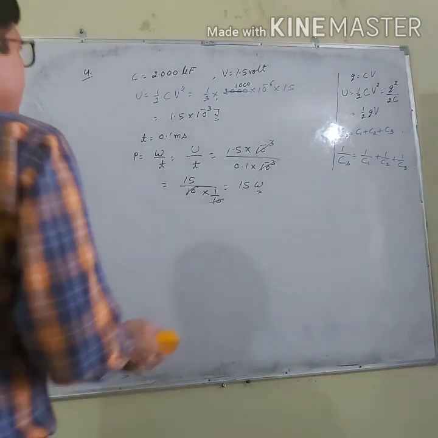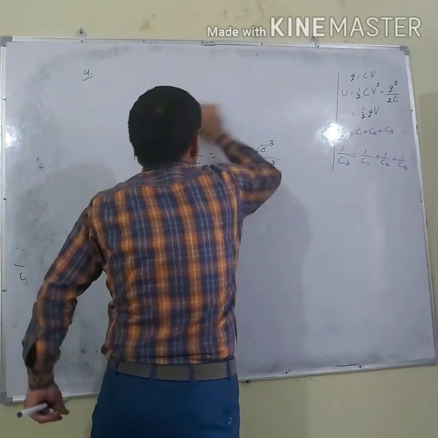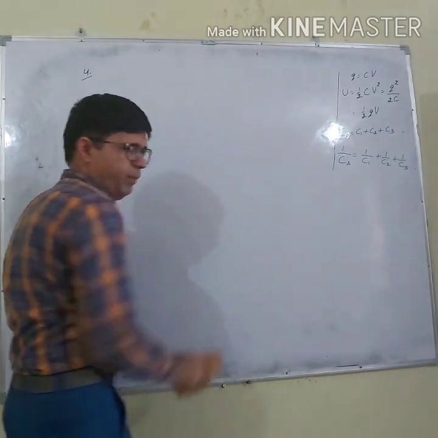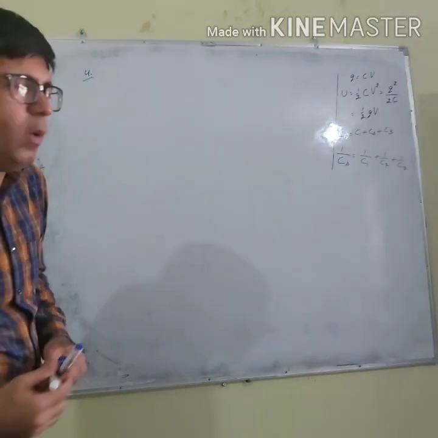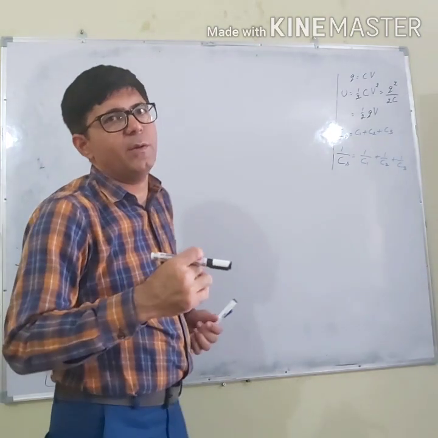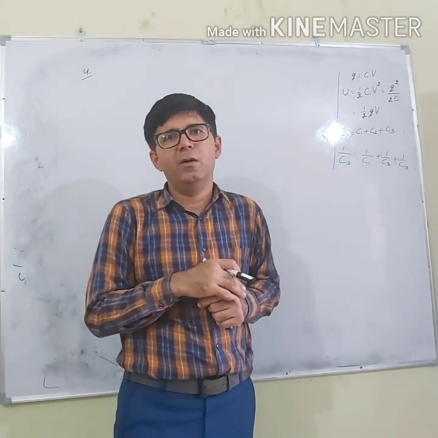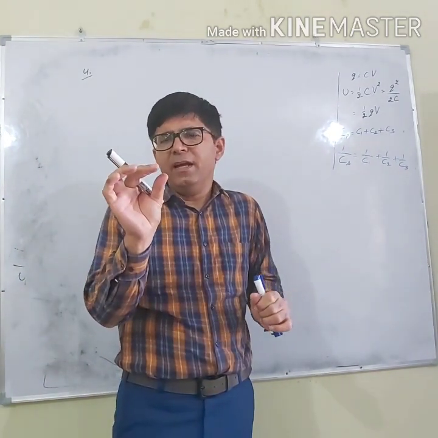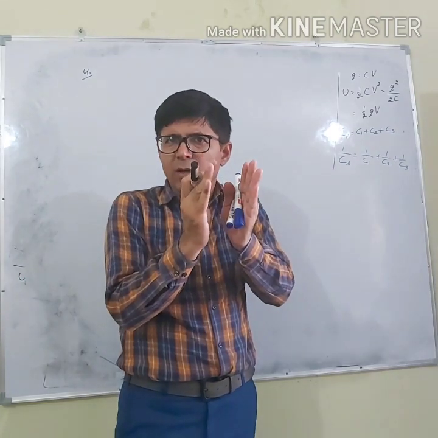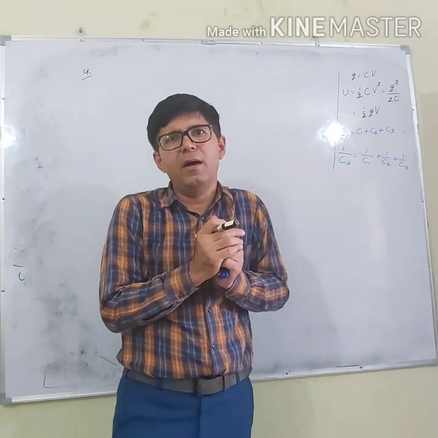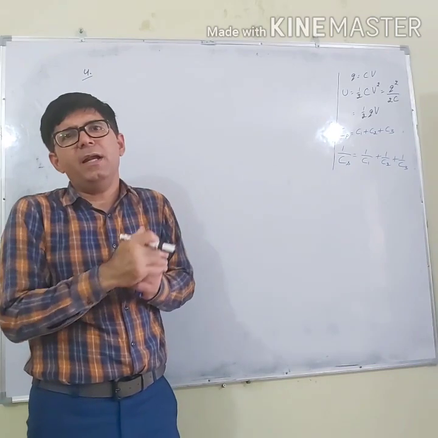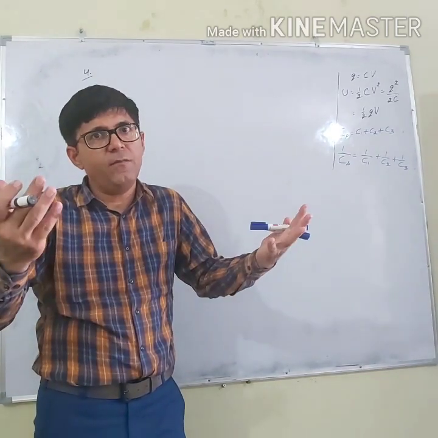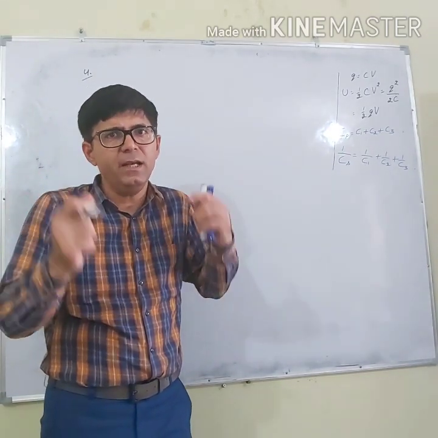So let me explain this question again. A very simple question. Now in our cameras there is a flashlight. You are surprised that there is a very small battery inside the camera. With the help of that we can even create a flash. How is that flash created?